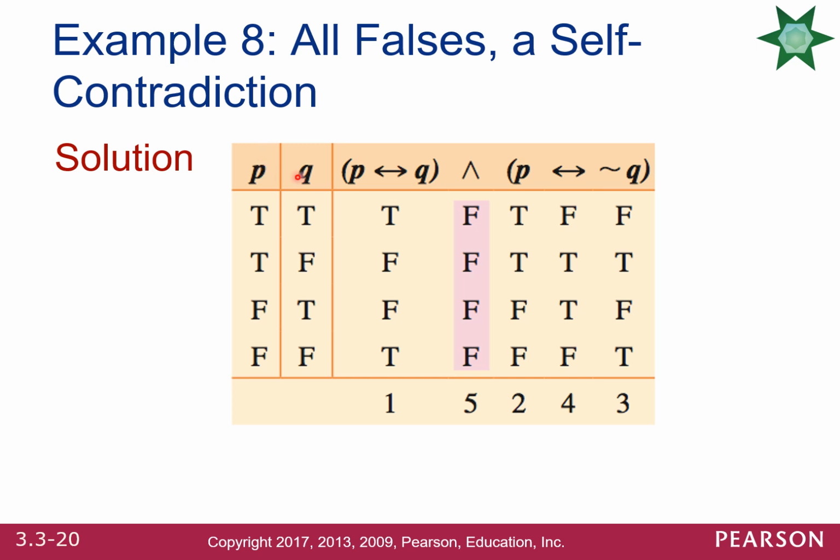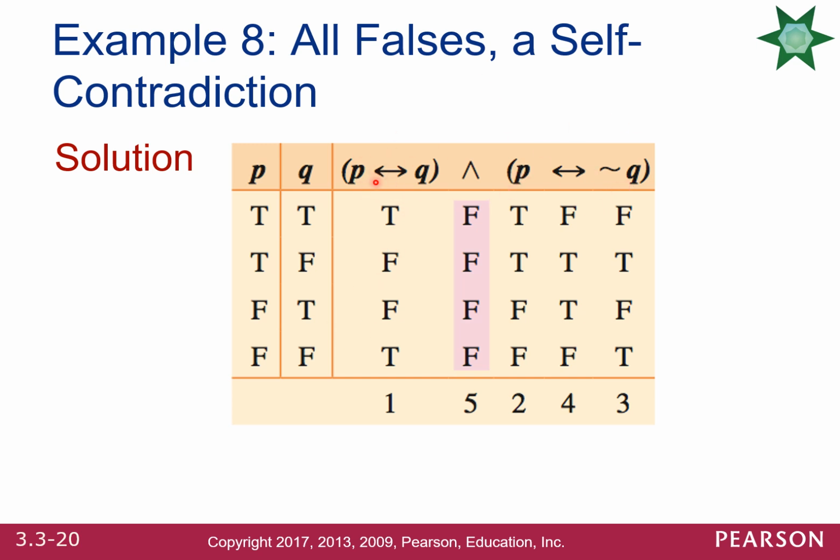We have all the combinations of true and false for P and Q. So we have all the four cases in the first two columns, and then we have the statement that we will have to resolve. So the first one is P if and only if Q, and then we have the and statement followed by P if and only if not Q. So remember, we first have to work through the brackets first, whatever is within parentheses.